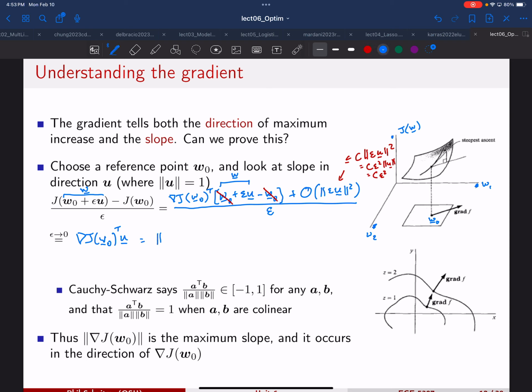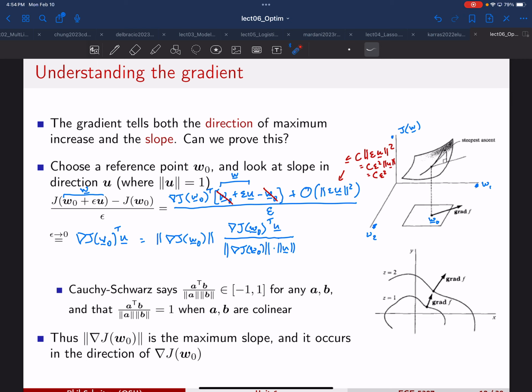Let's write this with the norm of the gradient at omega naught times this fraction of the gradient transpose U divided by the norm of the gradient times the norm of U. Okay, so why is this true?